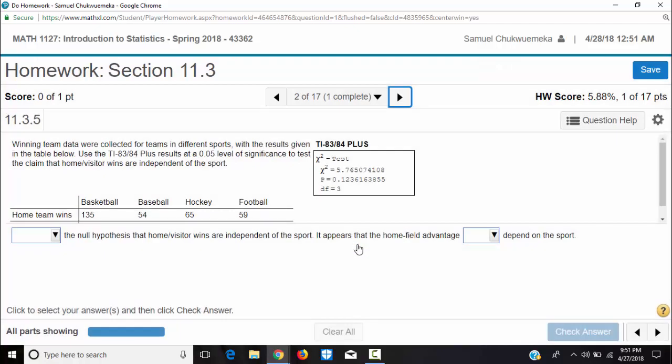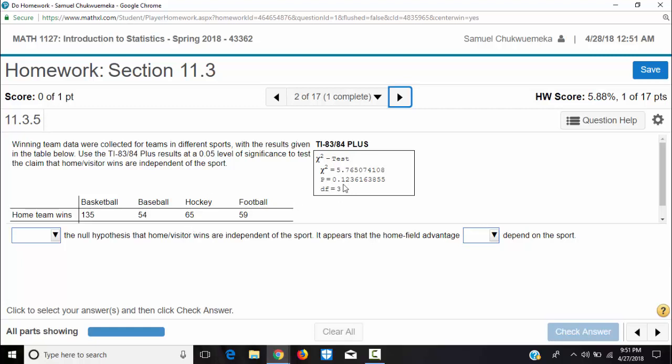Question 2. Winning team data were collected for teams in different sports with the results given in the table below. These are the results here. Use the TI-83/84 Plus results at a 0.05 significance level to test the claim that home/visitor wins are independent of the sport.